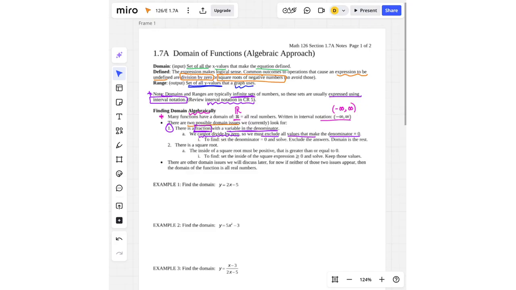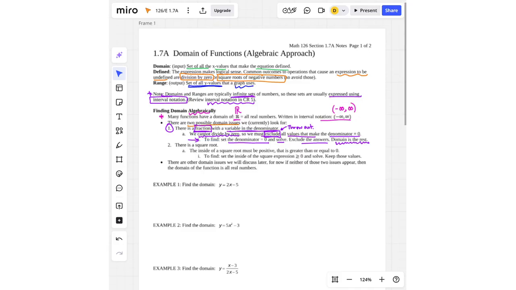Remember, to exclude means to throw out. So we want to get rid of those values that would make the denominator equal 0. Our process is to find these by setting the denominator equal to 0 and solving. Exclude the answers. When you exclude the answers, the domain is going to be the rest of those things, everything else that we didn't exclude.